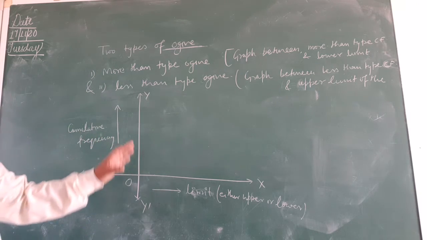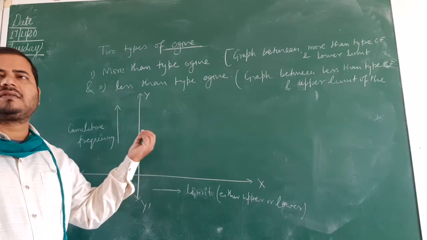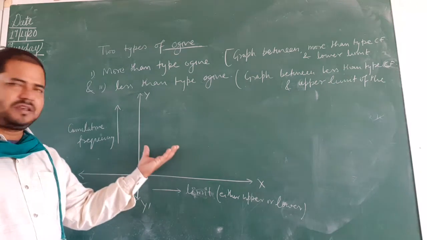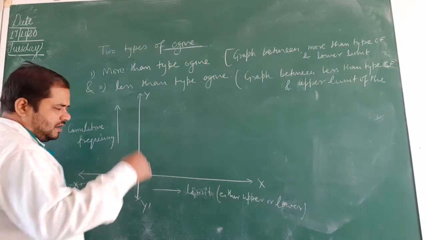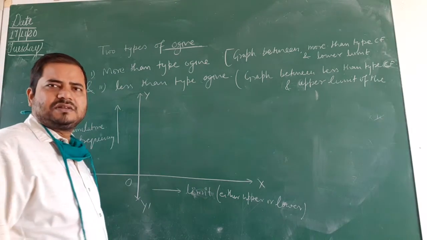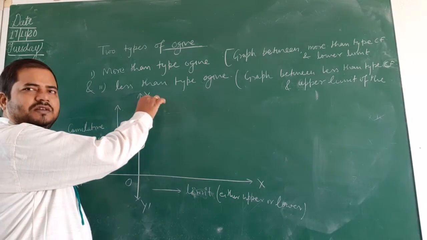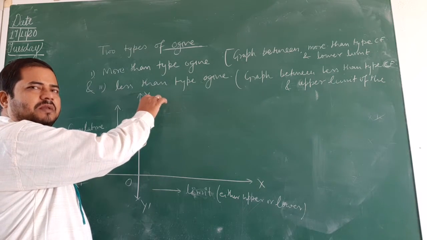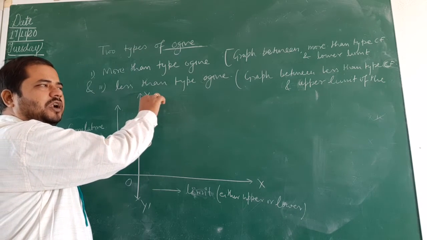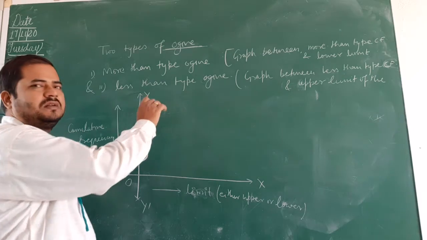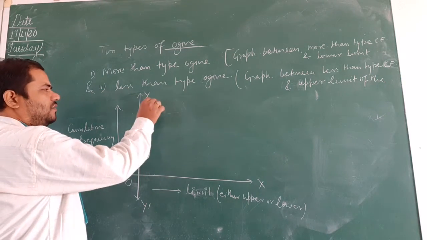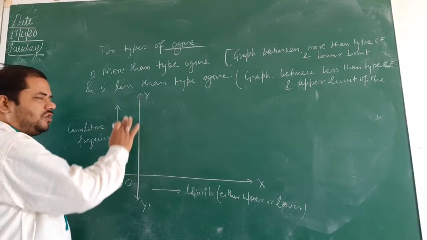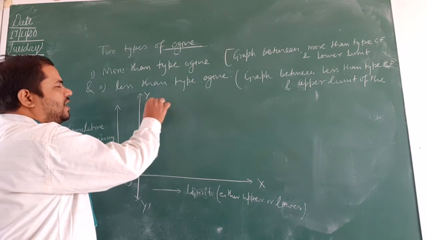Okay, this is very simple and very clear from the graph. If you take the more than type of cumulative frequency, then you start from that point. Because in more than type of cumulative frequency, first you write the sum of all the frequency. So cumulative frequency is on the y-axis, and you start the graph from here.